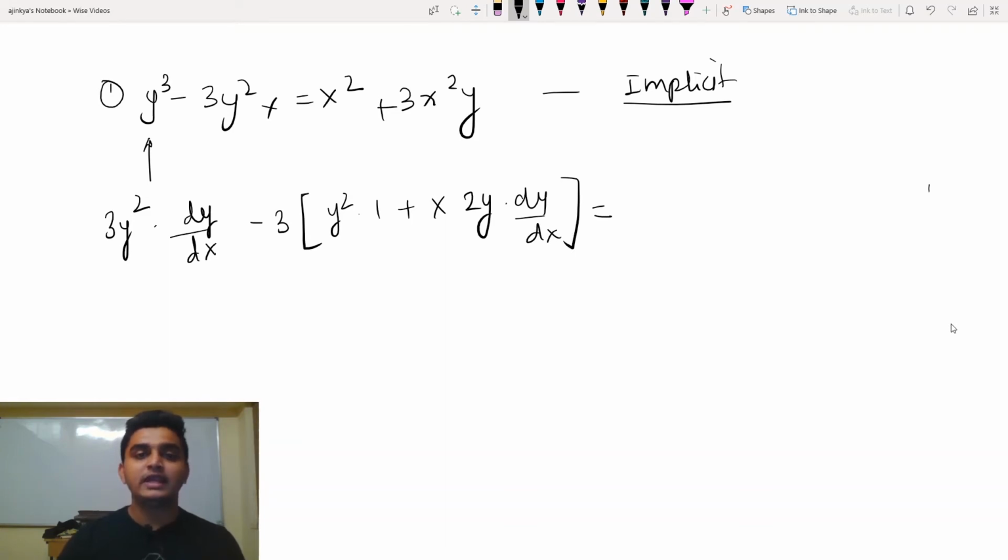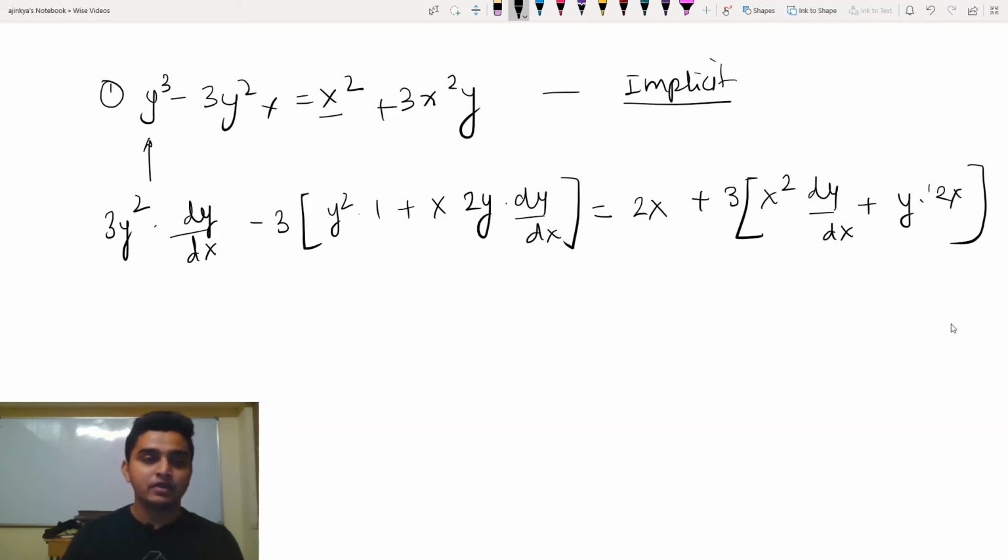Now on the right hand side we have x square, so differentiation is 2x, plus 3 times x square y: if you keep x square constant you get dy upon dx, plus you have to differentiate x square, so y times 2x. And you can see that we have 3 dy upon dx over here. So this is the first one, this is the second one, and this is the third term, but you still have to multiply it with 3 over here and 3 over here.